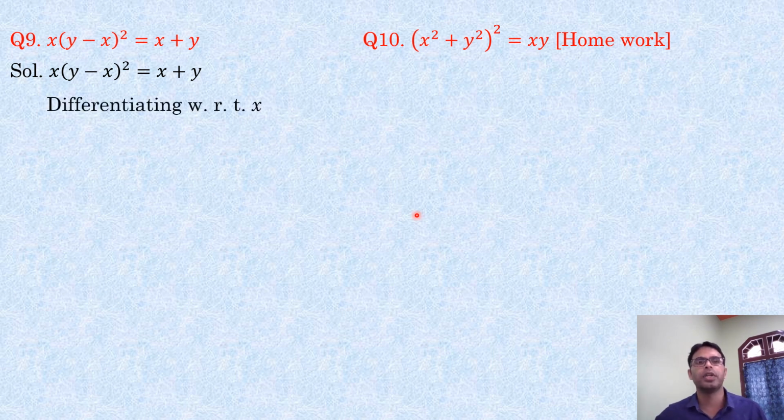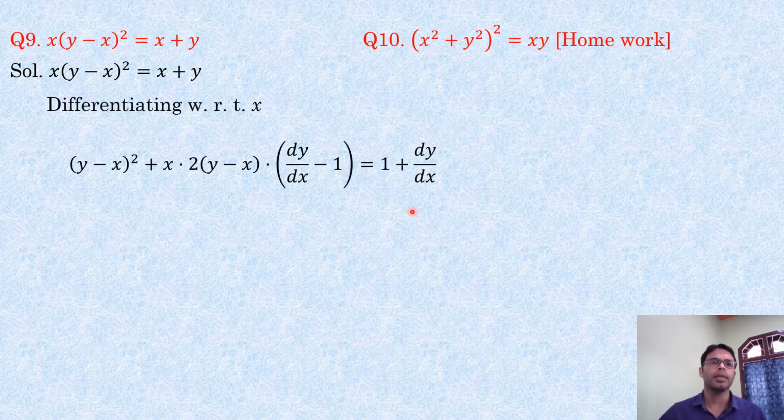Okay, so write differentiating with respect to x. You see, first function is x, x derivative is 1, so y minus x whole square remaining same, plus this time x is remaining same, and here y minus x whole square derivative, so outer function is whole square, so 2 will come out, 2 into y minus x to the power 2 minus 1 is 1, need not write there, so x remaining same, this is twice of y minus x into, this is considering total term as x, y minus x is considering as x, so therefore by chain rule this y minus x should again be differentiated, and that is y differentiation is dy/dx and x differentiation is 1.